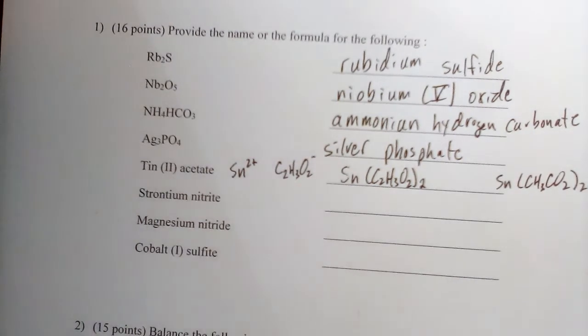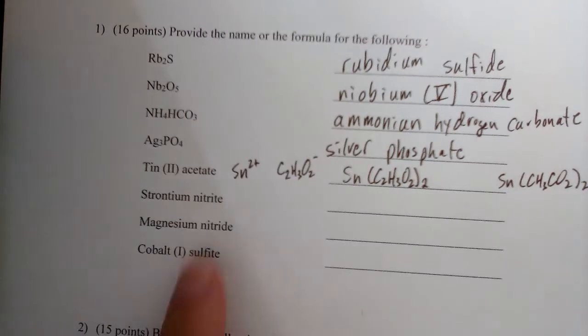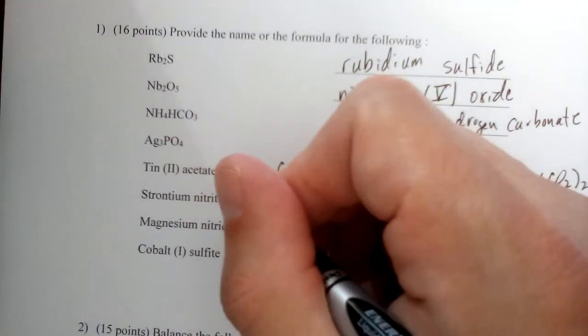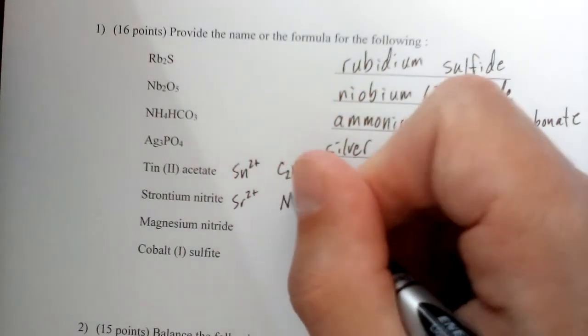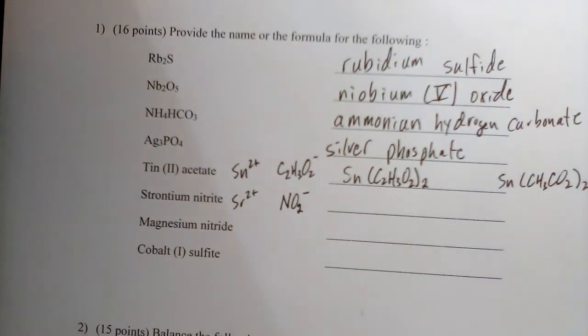Okay, strontium nitrite. Strontium is in the second column of the periodic table, so it's got a charge of +2. Nitrite is a polyatomic ion. It has a charge of -1. So again, if we take this intermediate step, strontium +2, nitrite is NO2 minus.